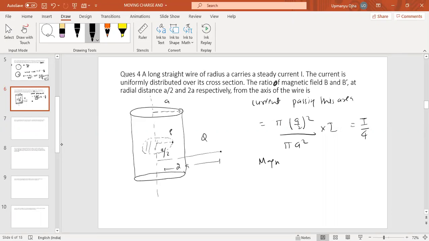The magnetic field at point P would be given by mu naught into current through this cross section area divided by the distance from the axis, that is r, with 2 pi.